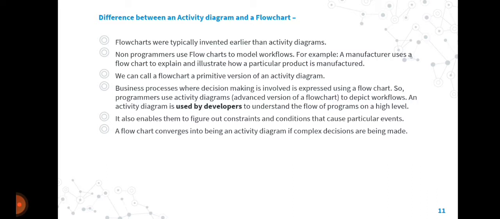So programmers use activity diagrams, an advanced version of a flowchart, to depict workflow. An activity diagram is used to understand the flow of programs on a high level. It also enables them to figure out constraints and conditions that cause particular events. A flowchart converges into being an activity diagram if complex decisions are being made.